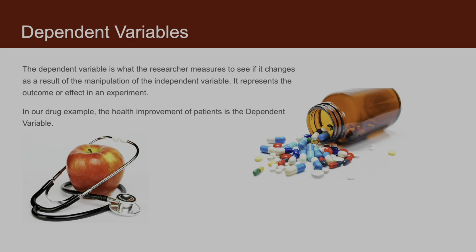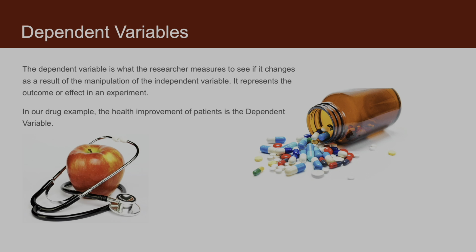Changes in the dependent variable are considered to be dependent on variations in the independent variable. In our drug example, the health improvement of the patient is the dependent variable.